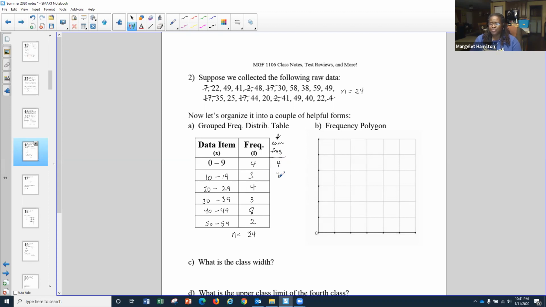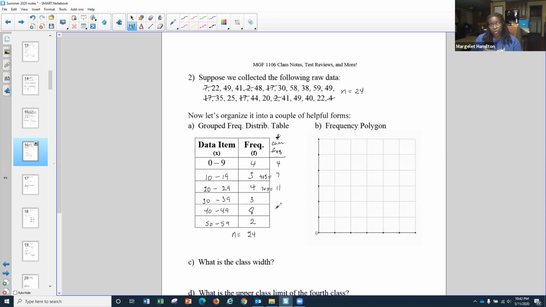Do you see that? So when we get to our next row, we're going to do the same thing. So here, what do we do? 4 plus 3 equals 7. Then we're going to come here and say 7 plus 4, and that gave us 11.